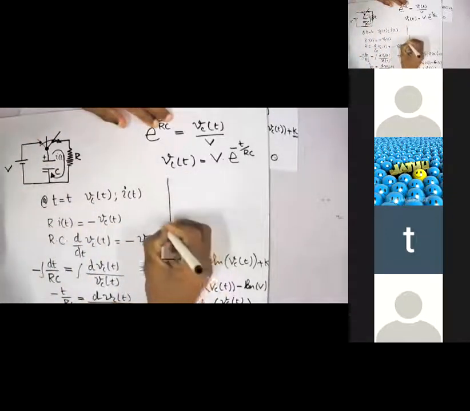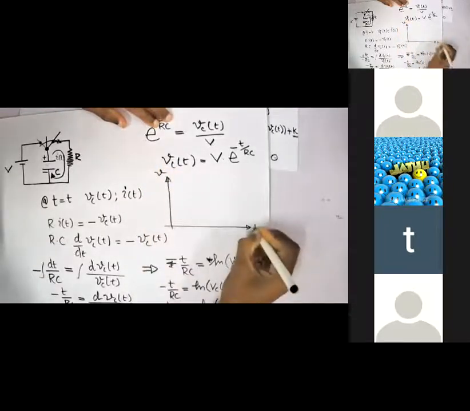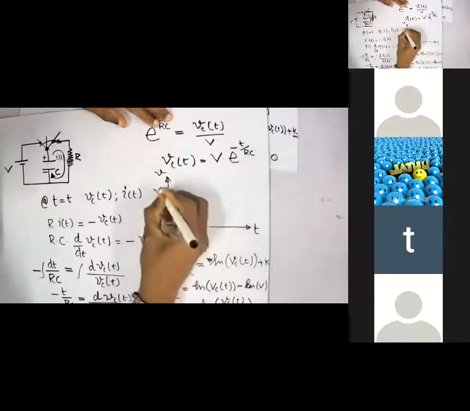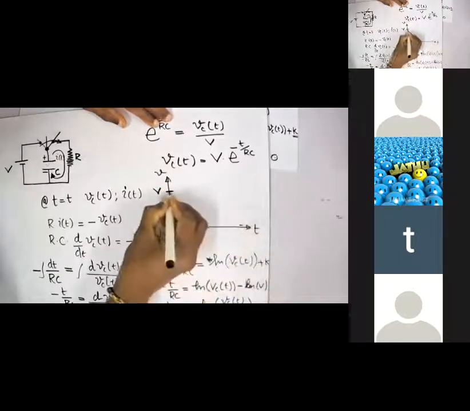If I draw the curve of voltage across time t, this will be capital V and it will be approaching 0 with the equation V into e to the power minus t by RC.